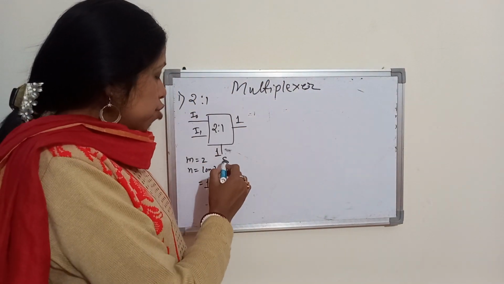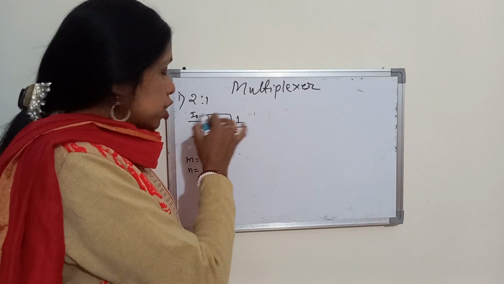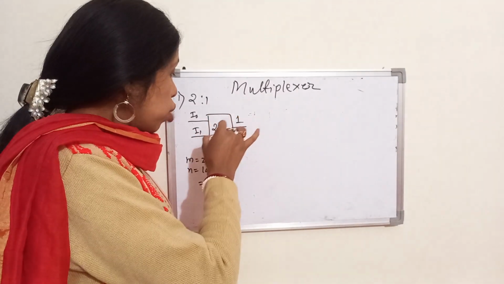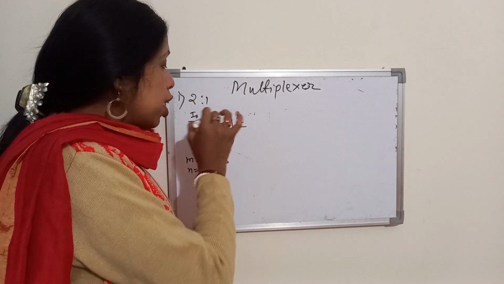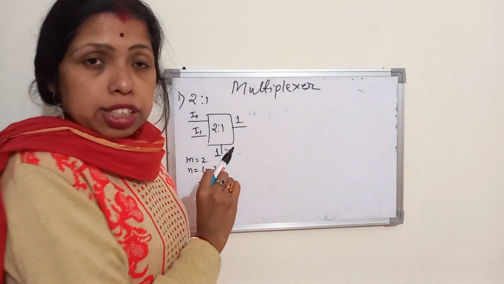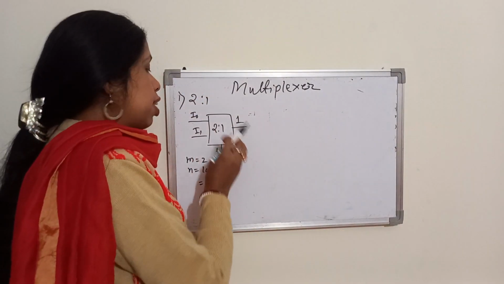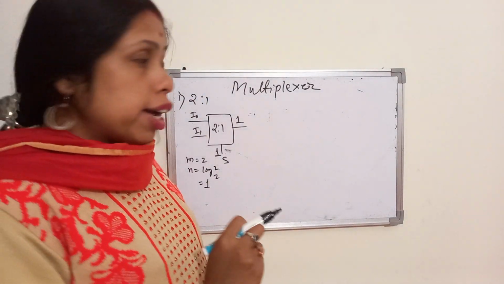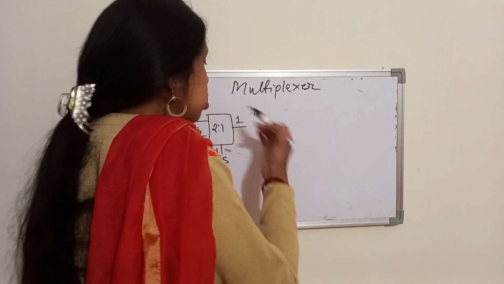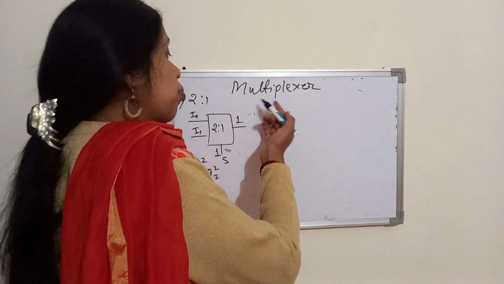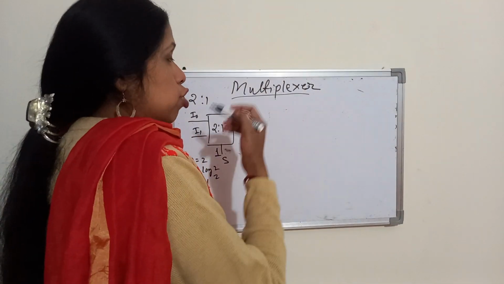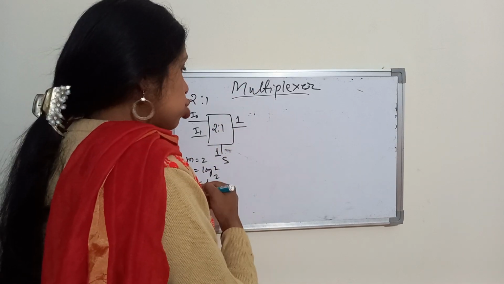The select line controls the entire thing, so you should give some logical diagram to the multiplexer. What will be the logical diagram inside the multiplexer? Based on our requirement, I am writing the truth table first. What is the function of the multiplexer? Based on that function, I will write the truth table.